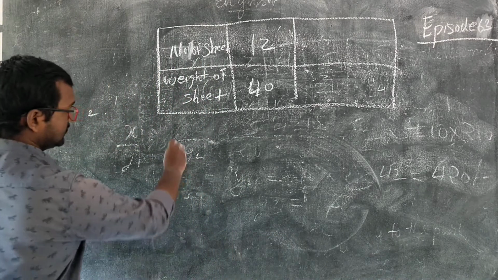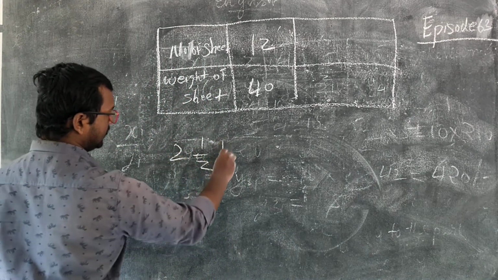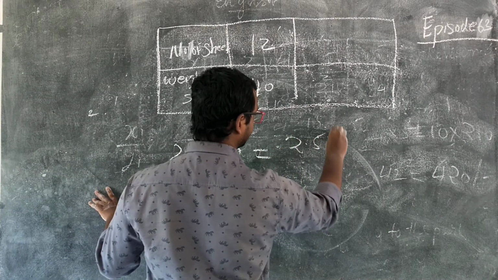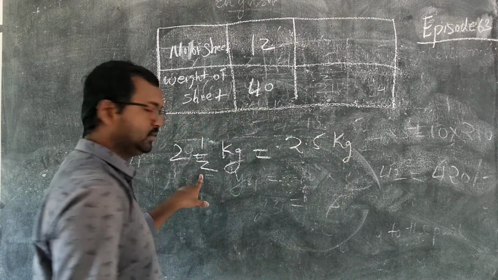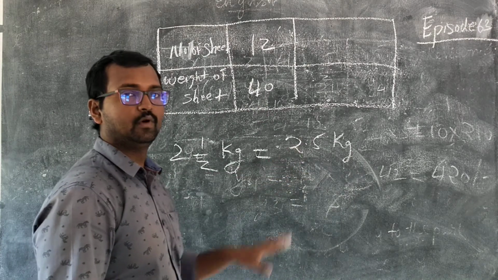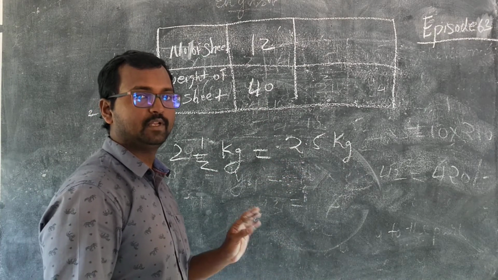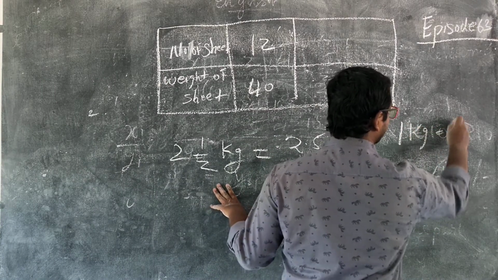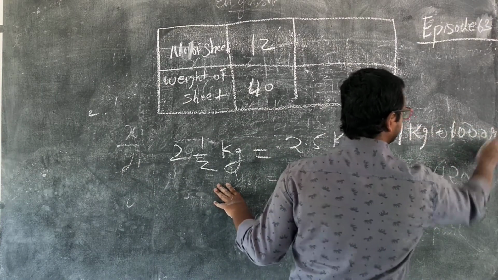See, this is 2.5 kilo. 2.5 kilo means how many gram? 1 kilo is equal to 1000 gram.